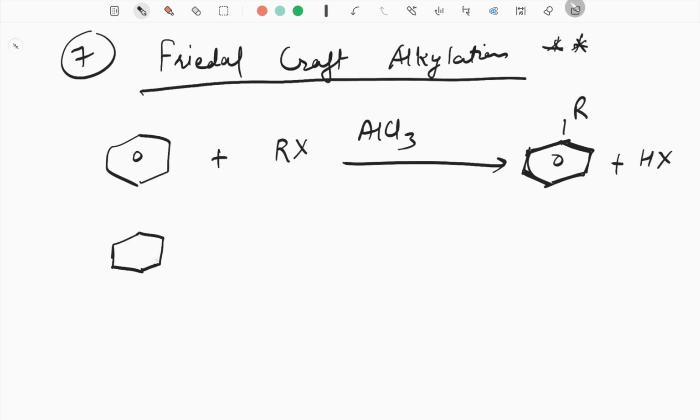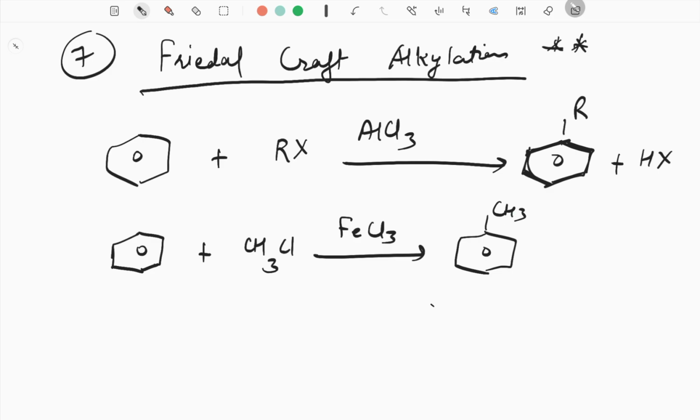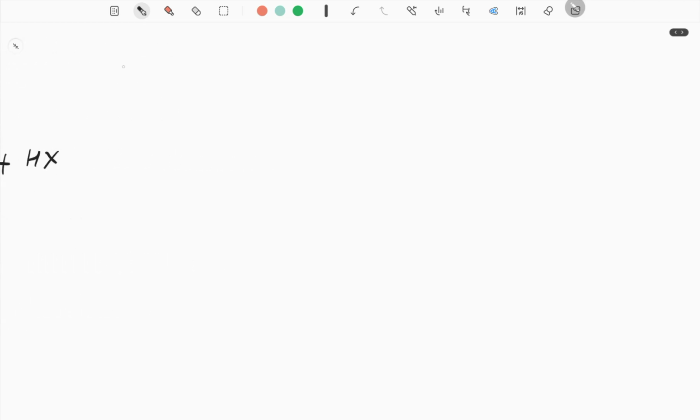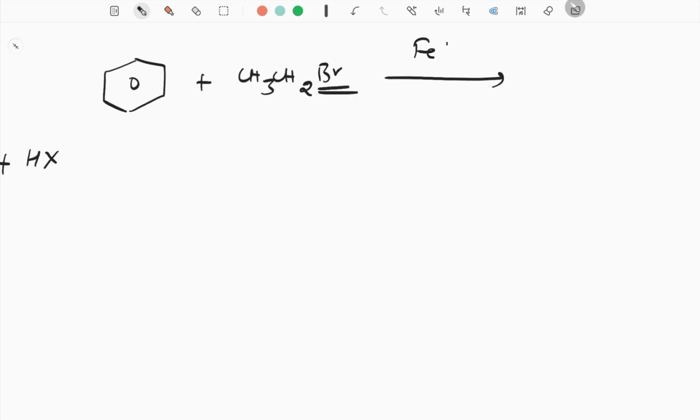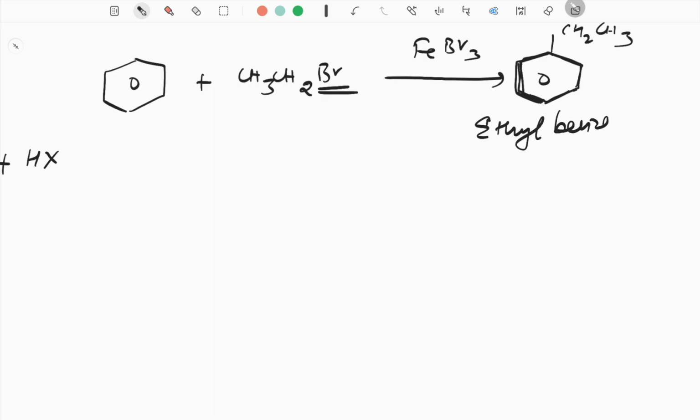See, benzene plus CH3Cl in presence of FeCl3 gives toluene plus HCl. Similarly, if you add benzene with any other alkyl halide in presence of a Lewis acid, you will get CH2CH3. This is ethylbenzene plus HCl.